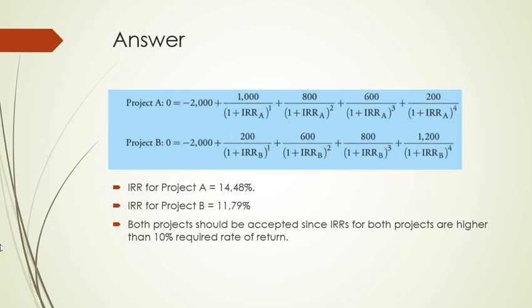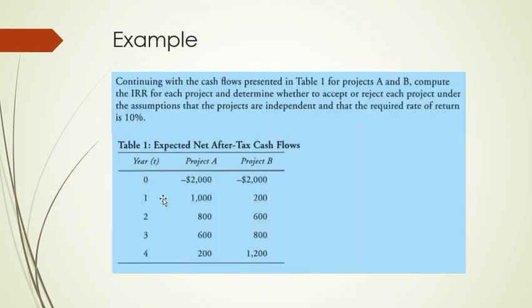Both projects should be accepted since the IRRs for both projects are higher than the 10% required rate of return. So in this example our required rate of return for the project is 10%.